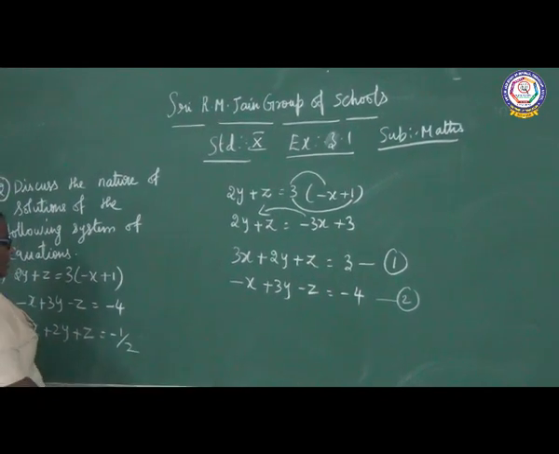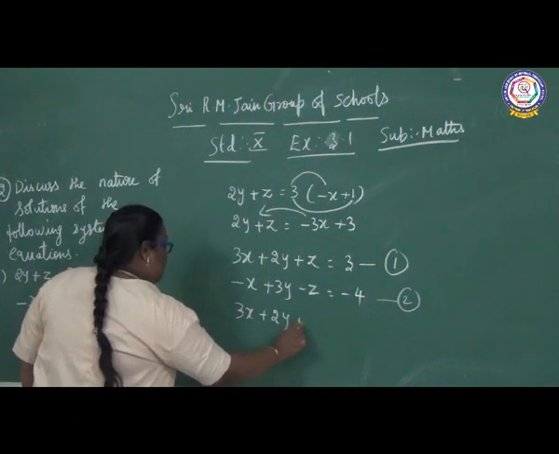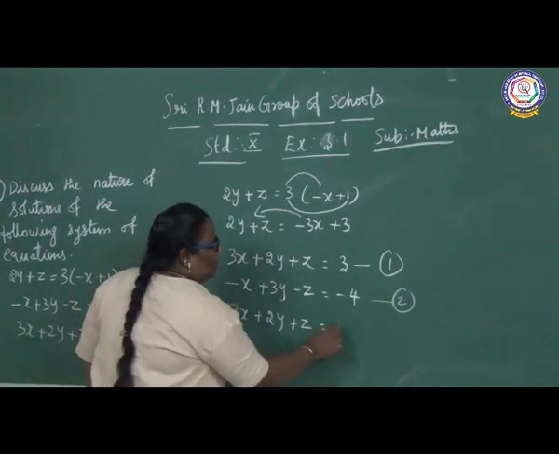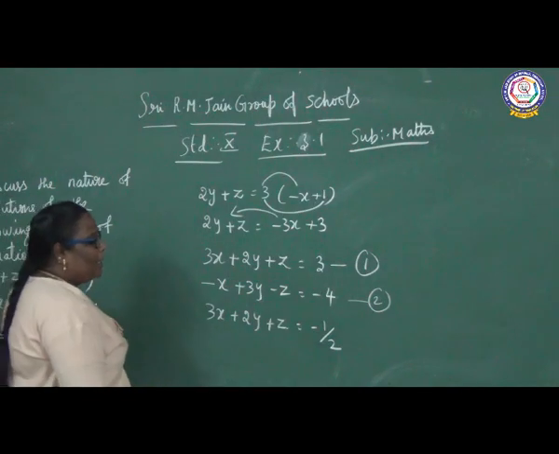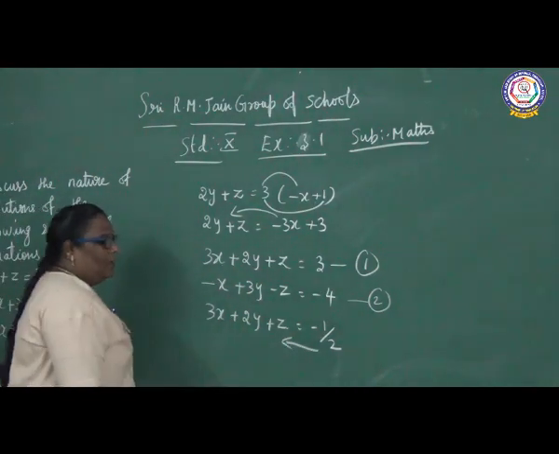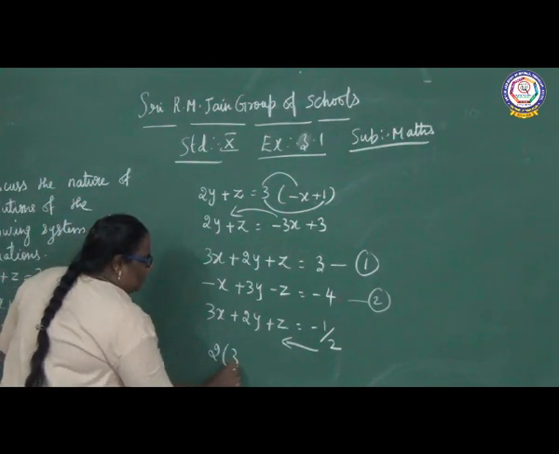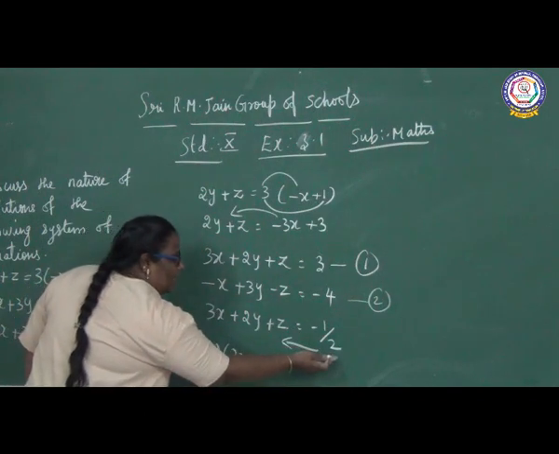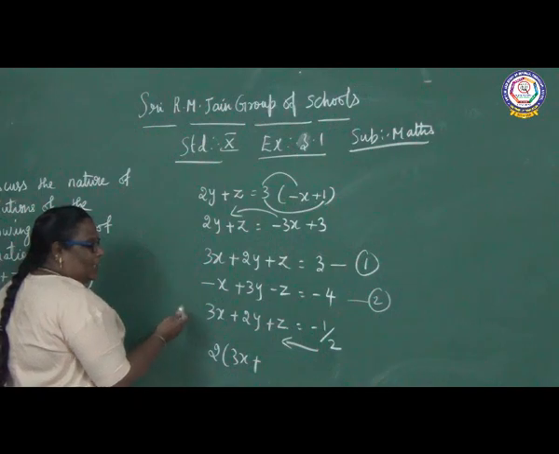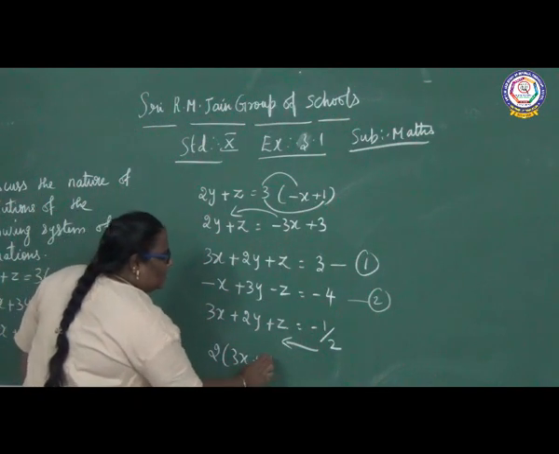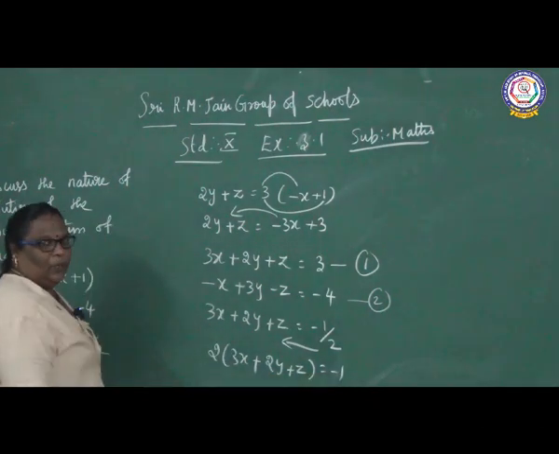See the third equation: 3x plus 2y plus z equal to minus 1 by 2. You bring 2 to this side. It is in division form, so it becomes multiplication: 2 into 3x plus 2y plus z equal to minus 1.